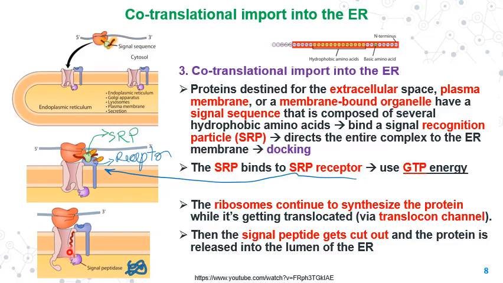Close to this translocator channel, at the inside of that organelle, you are going to have one enzyme that is going to recognize the end of the signal sequence and chop it off. But this is after your protein already got translocated to the destination organelle.